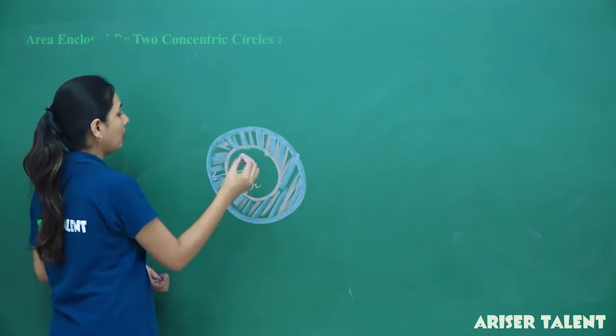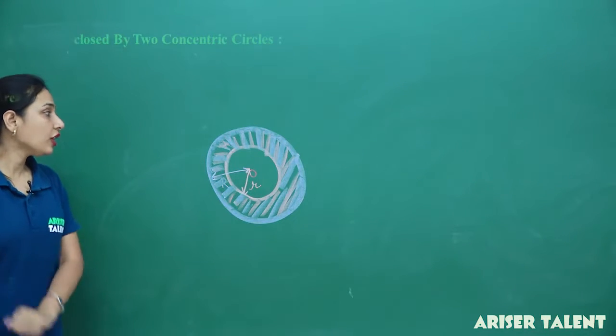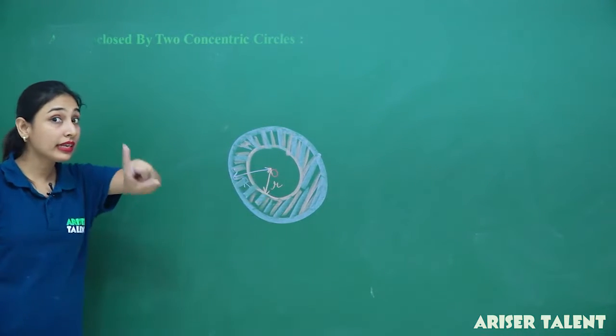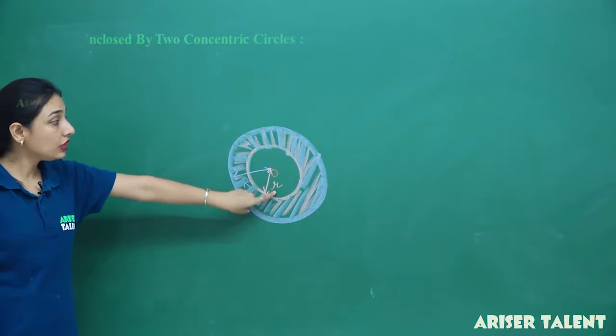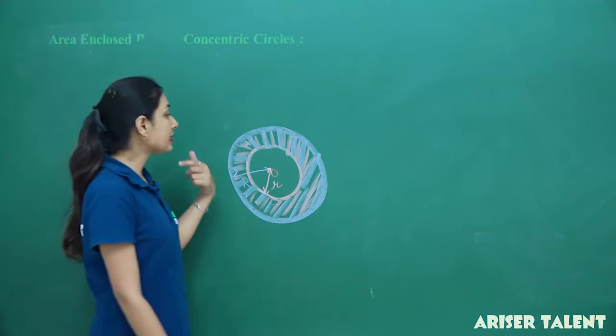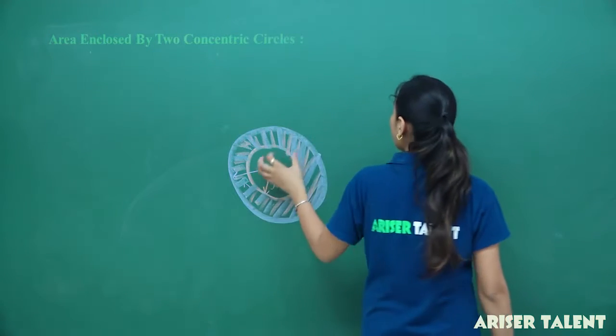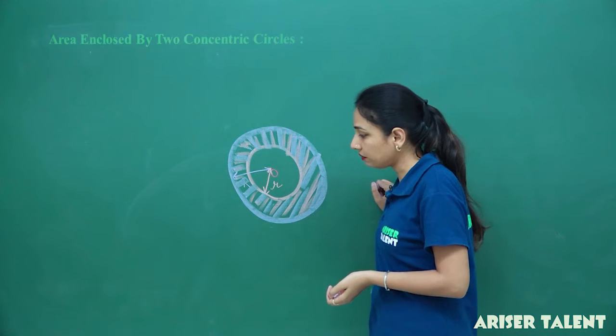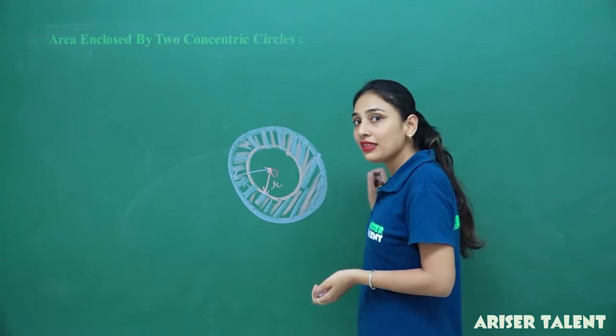Now, you know what area I am talking about. I am talking about this area enclosed by two concentric circles. So, these are two concentric circles of radius r and capital R, and I am talking about this area. So, what is the area enclosed by two concentric circles? Now, students, imagine this.